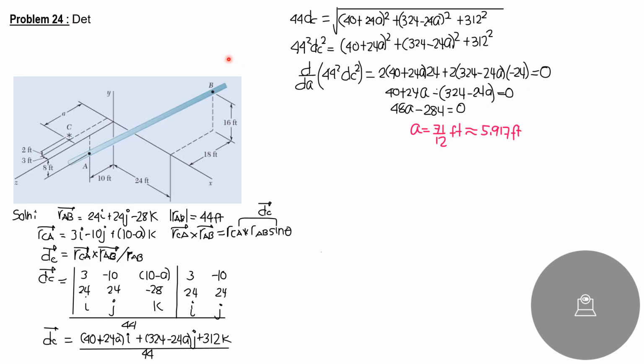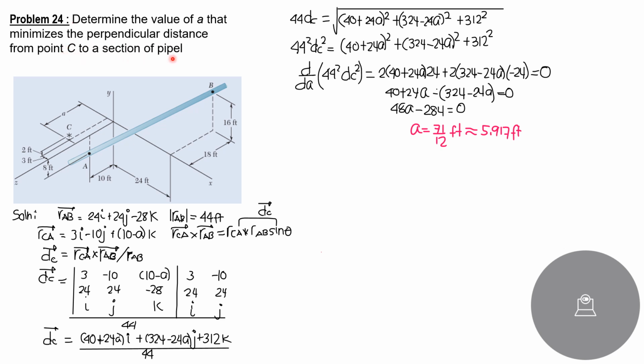Problem 24. Determine the value of A that minimizes the perpendicular distance from point C to a section of pipeline that passes through points AB. So again, we use the concept of statics here on distance or moment of supposedly a force about a point.